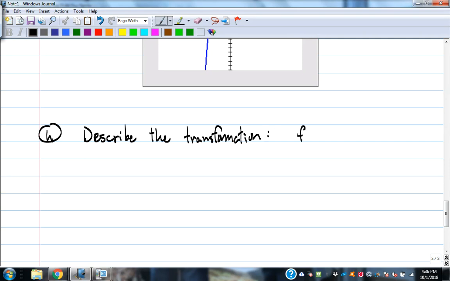We're going to transform f of x equals x cubed. And here's our transformation: 2 (x plus 1) cubed minus 4. So we want to just describe this. What did this stuff do to the parent graph of x cubed? What does the -4 on the outside do?